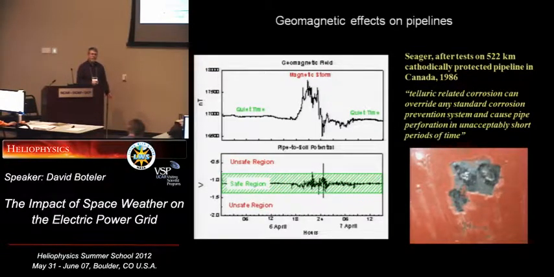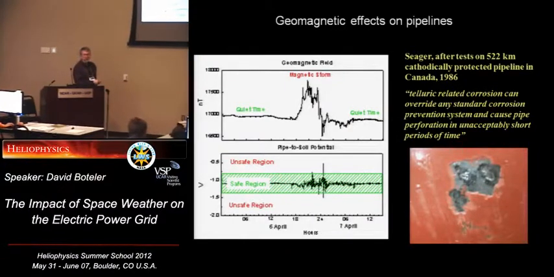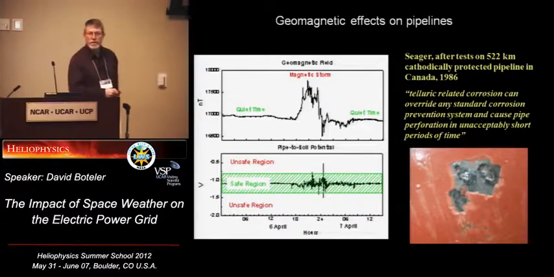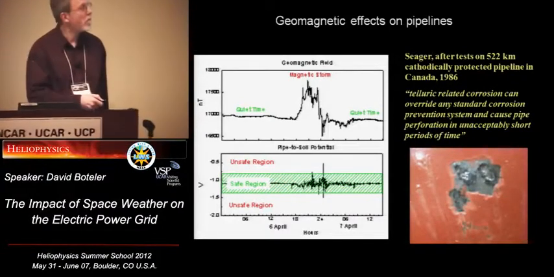And that sounds a long time, but when the projected lifetime of these pipelines is about 60 years and they cost enormous amounts of money, then if it only lasts 30 years, that's a major economic loss. But in fact, there was one incident where we didn't even have to wait 30 years. 3 years after this pipe had been installed, they were detecting from various checks they do that there were problems, and they dug it up, and this was a corrosion pit that had already started on that pipe.